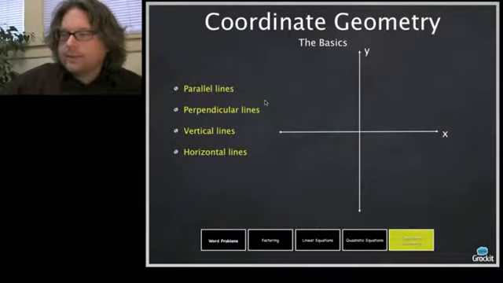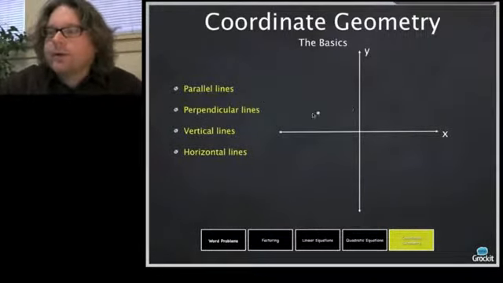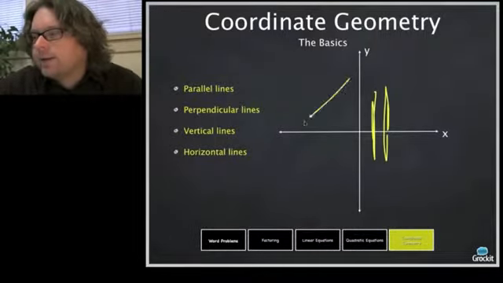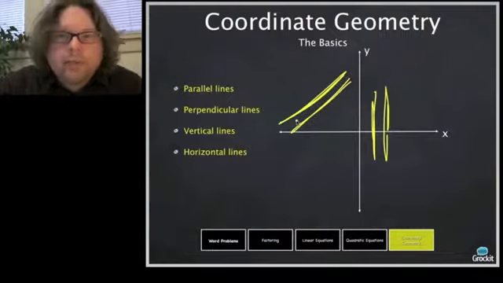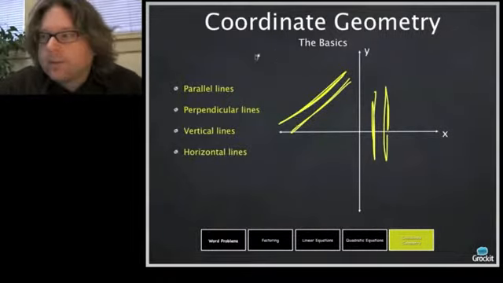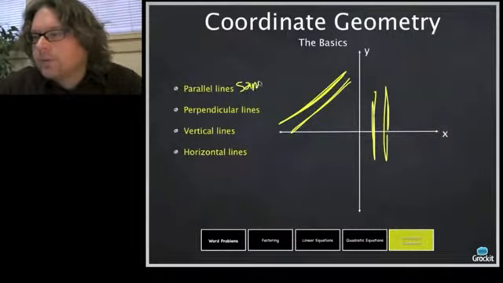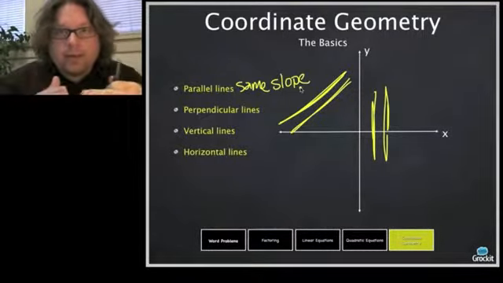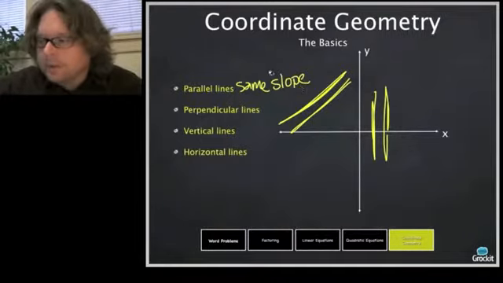Okay, so last but not least, related to your coordinate plane, you need to know what parallel lines are. Parallel lines could be going in any direction, but the whole point of them is they're parallel. They never touch. They will have the same slope. If two lines have exactly the same slope, they will never touch because they're never getting any closer or any farther apart.